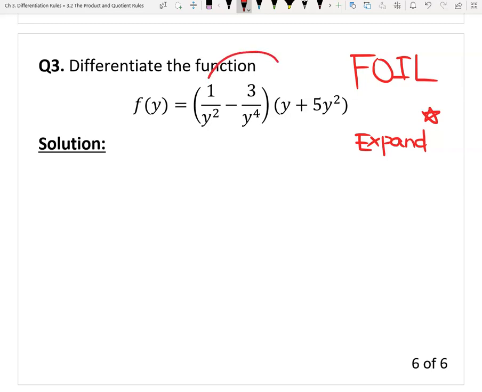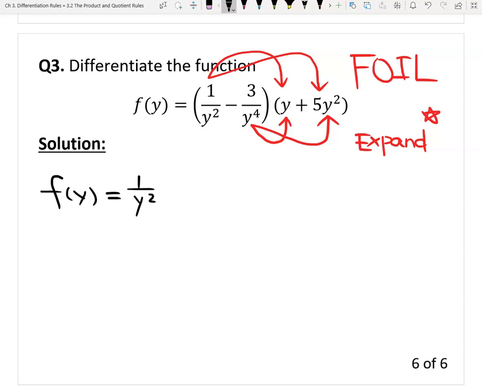So expand: the first, and then we have the outer, and we have the inner, and we have the last. Do you remember this FOIL? Now we use FOIL directly to get the function f at y equals what? We look at the first term. Let me write all the terms so you will see it clearly. Times y is the first, right?